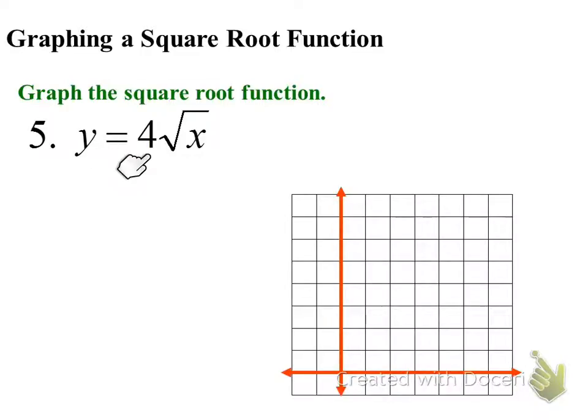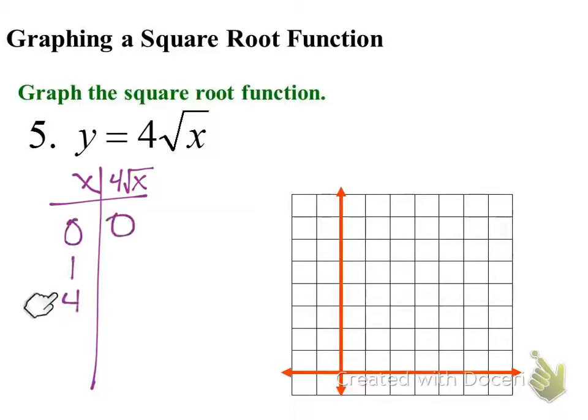This is going to be the table that we use for number 6, number 7, number 8's function. So we're going to develop a table. We're going to plug in some nice square root numbers, so, plugging in nice inputs, and graph.